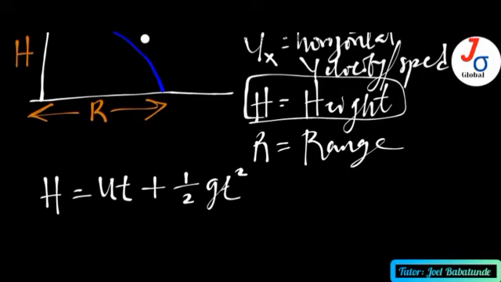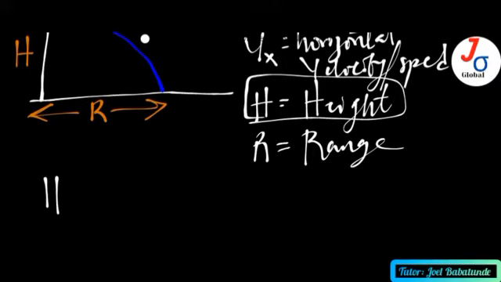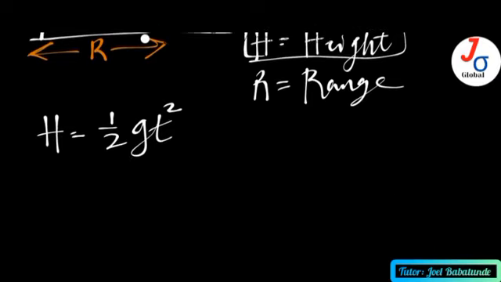Now this is going to be 0, or better still, the formula for the height is actually giving us half GT squared. So H equals half GT squared, where T is the time of flight and G is the acceleration due to gravity. Okay, then what is the range?